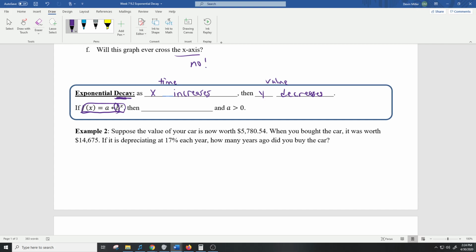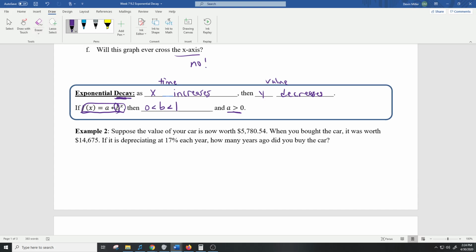So the way I would write that is b has to be less than the number 1, but it has to be bigger than 0. So this is kind of smashed right in between the number 0 and 1. It can't be equal to 0. It can't be equal to 1. It has to basically be a decimal or a fraction between 0 and 1. And then the last restriction is a is greater than 0, which is obvious because you can't have a 0 in here. That would make the whole thing 0.